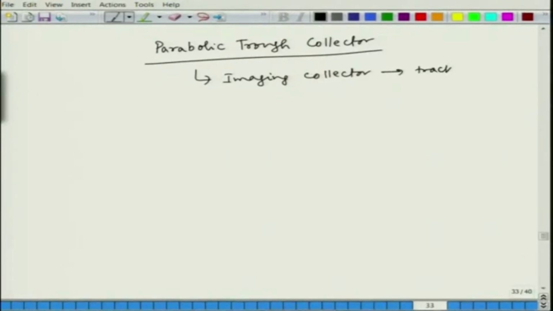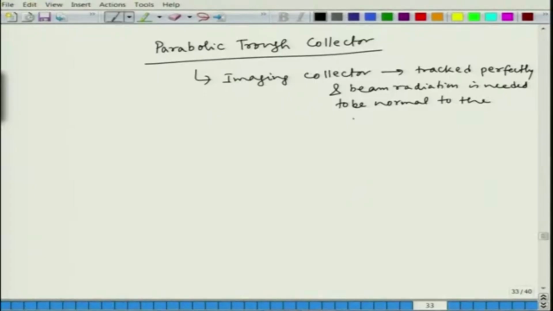So, for any imaging collector it has to be tracked perfectly, and beam radiation is needed to be normal to the aperture plane.